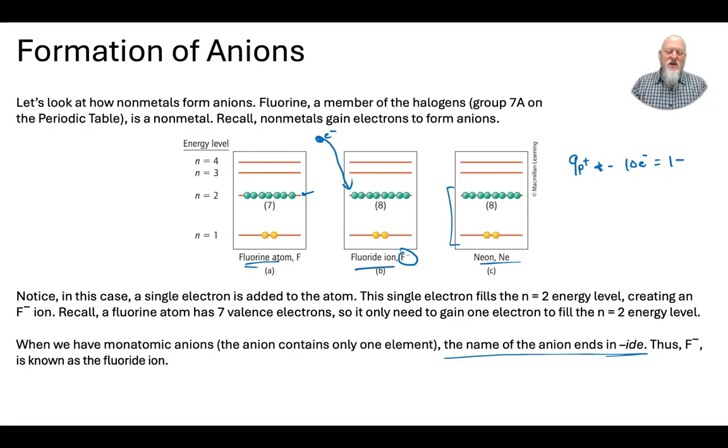So all our single element ions, or anions, are going to end in -ide. So when oxygen forms an ion, it's going to be called the oxide ion. When sulfur forms an ion, it's going to be called the sulfide ion. When bromine forms an ion, it's going to be called the bromide ion. Okay, ends in -ide. So anions of single elements end in -ide.